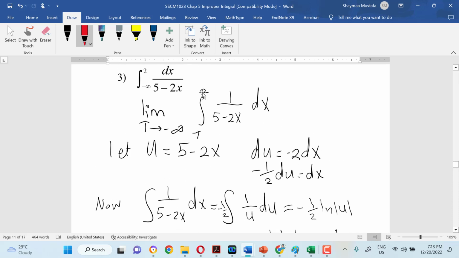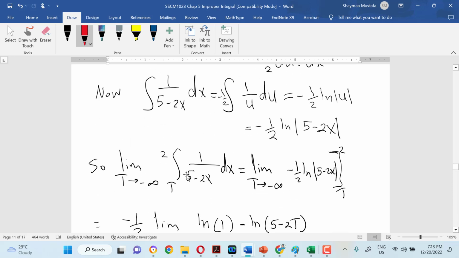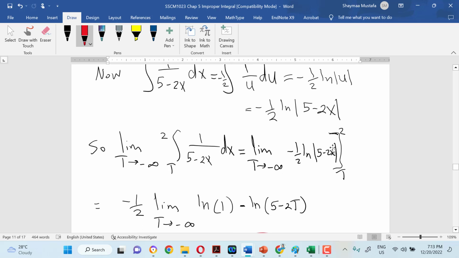Now for this evaluation of the integration, I will evaluate it from t to 2. So this limit will equal the limit when t goes to minus infinity of minus 1 over 2 natural logarithm of 5 minus 2x, from t until 2. First substitute 2, then minus the substitution of t.